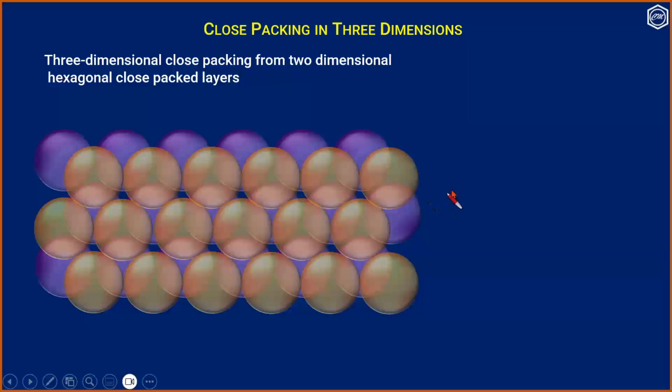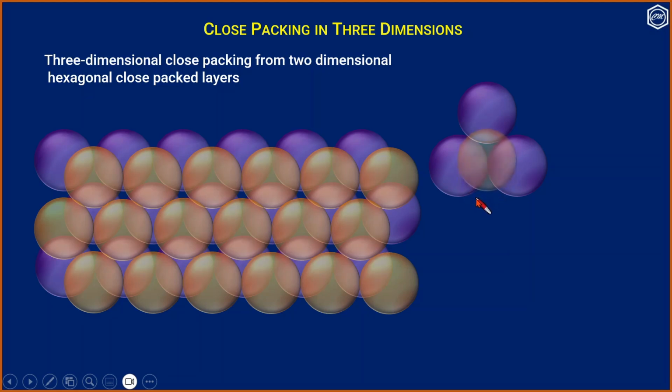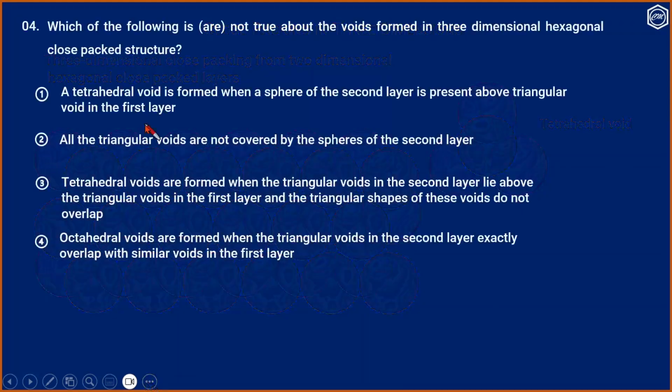So a triangular void of the first layer, and now an atom from the second layer, this forms a tetrahedral void. So a tetrahedral void is formed when a sphere of the second layer is present above the triangular void of the first layer. So this statement is correct, so that is not the answer.